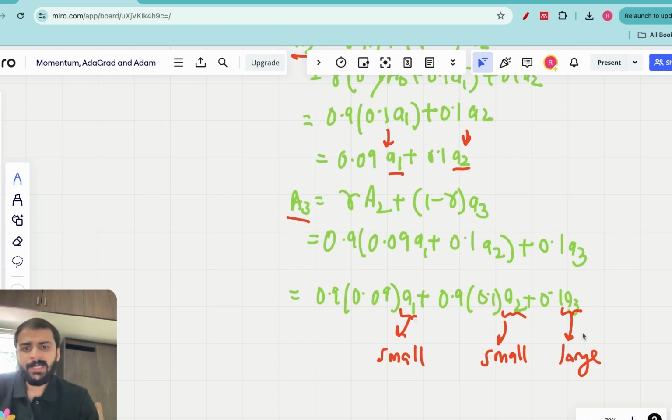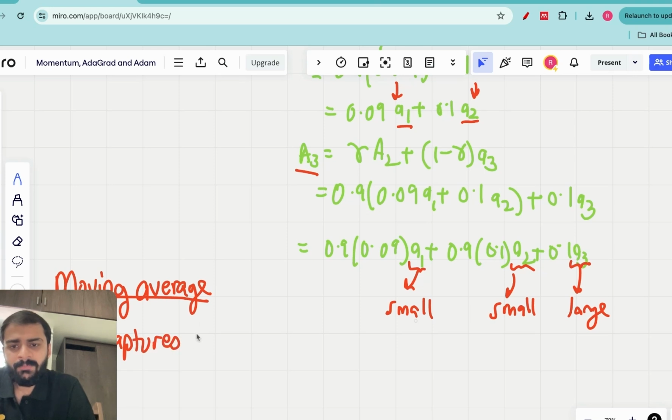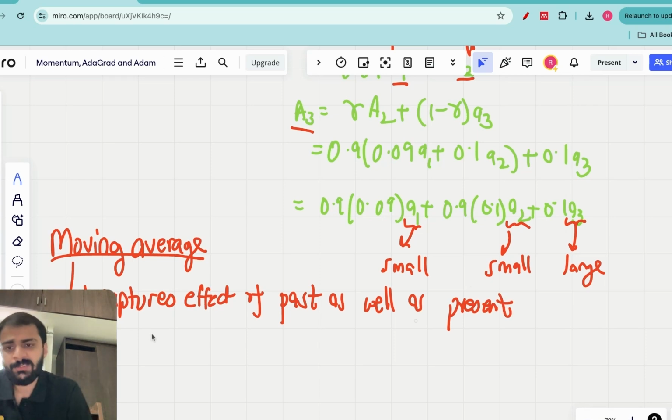So the first understanding which we have is that the moving average captures the effect of the past as well as the present. That's the first intuition behind moving average.